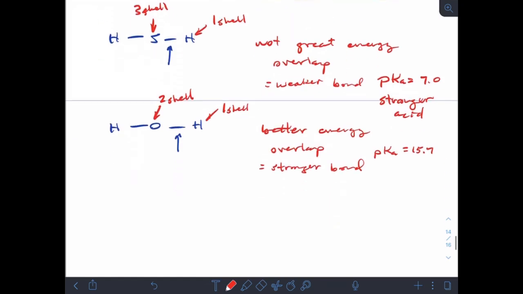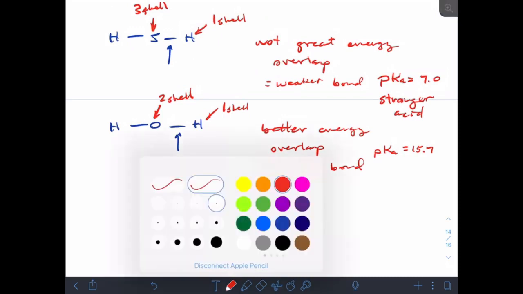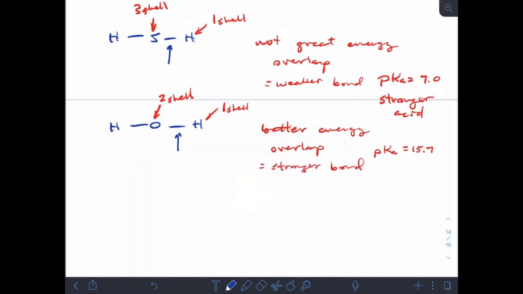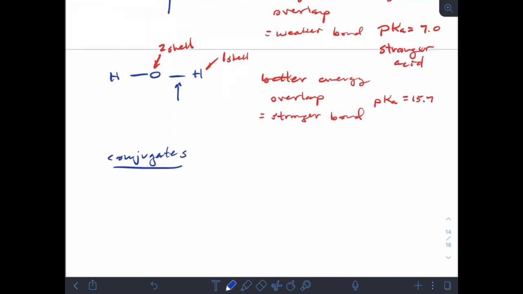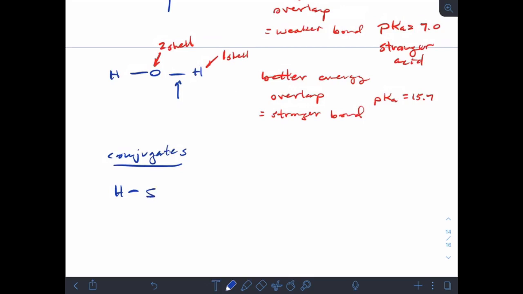Also remember what we said about conjugates in the previous video. Thinking about the conjugates of these two things, HS minus versus HO minus, or OH minus.